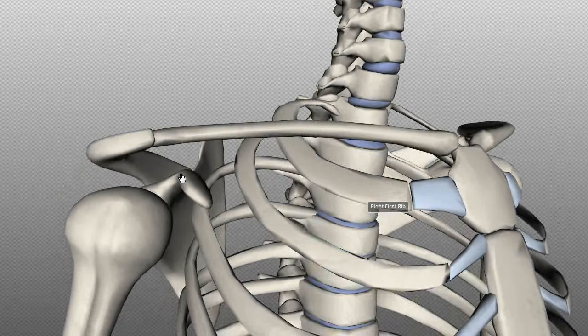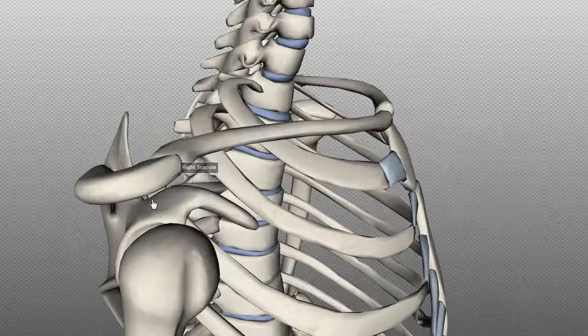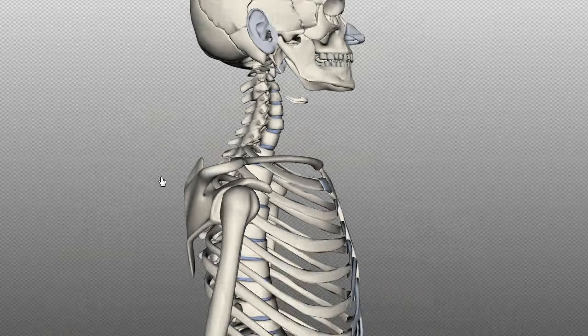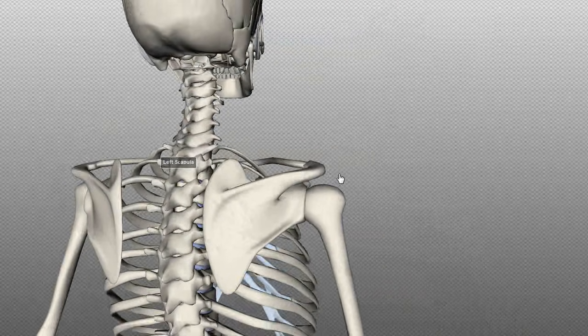The coracoid process is this bony outgrowth of the scapula, which I'll come on to talk about in a minute. But just be aware of this conoid tubercle on the underside of the clavicle. Just rotating around, we'll take a look at the scapula now.